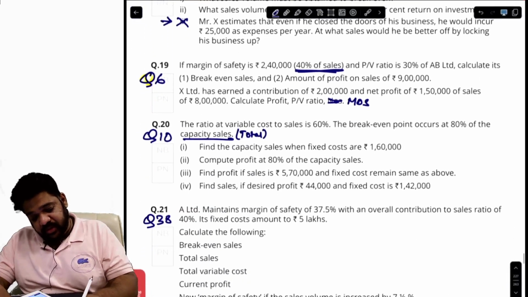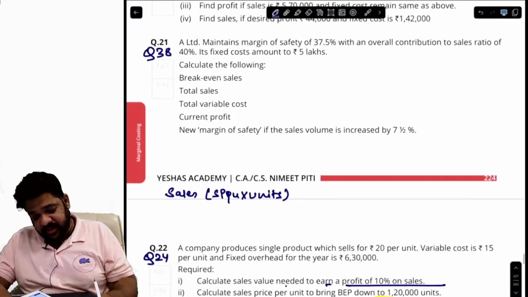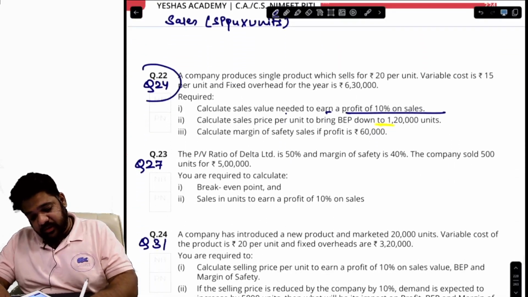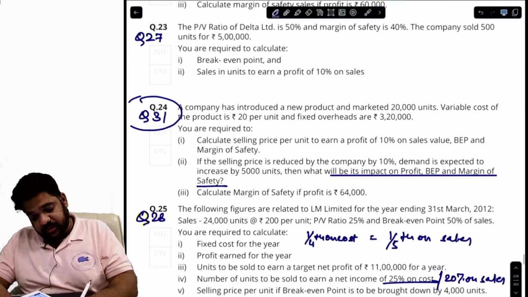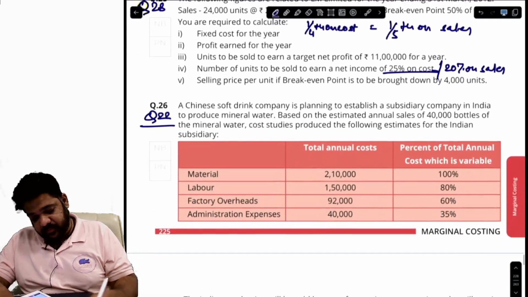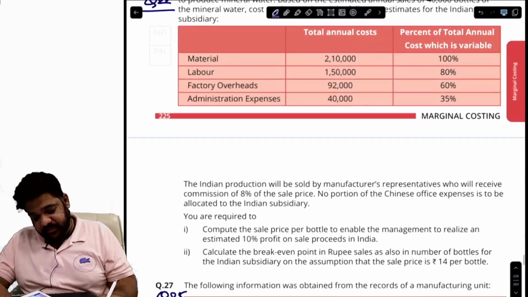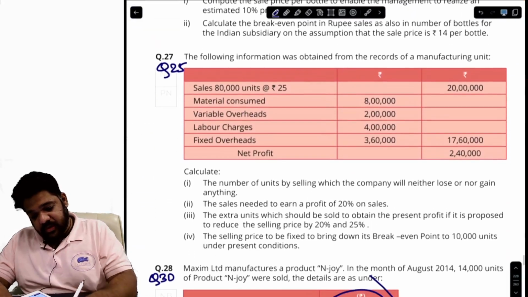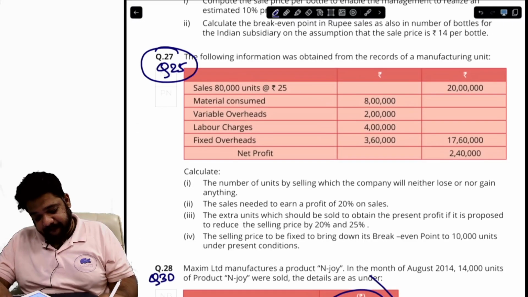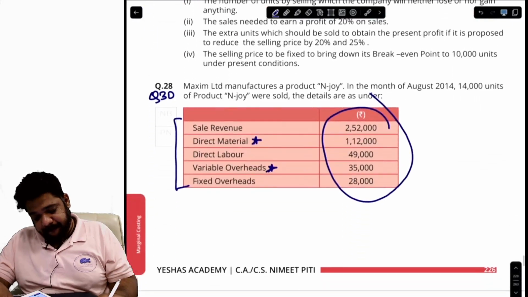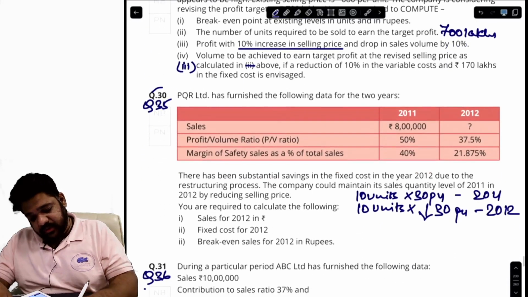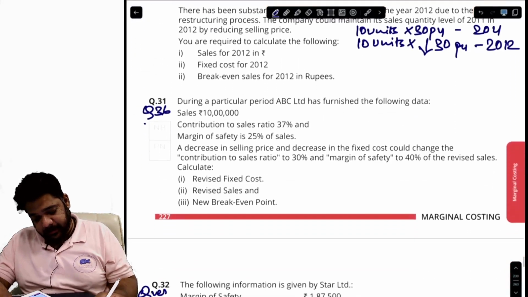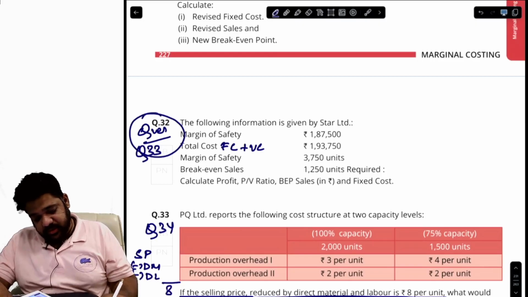Give me this to practice. You can do this. This one. This is a good question. This, maximum, it's okay. This one, this one.